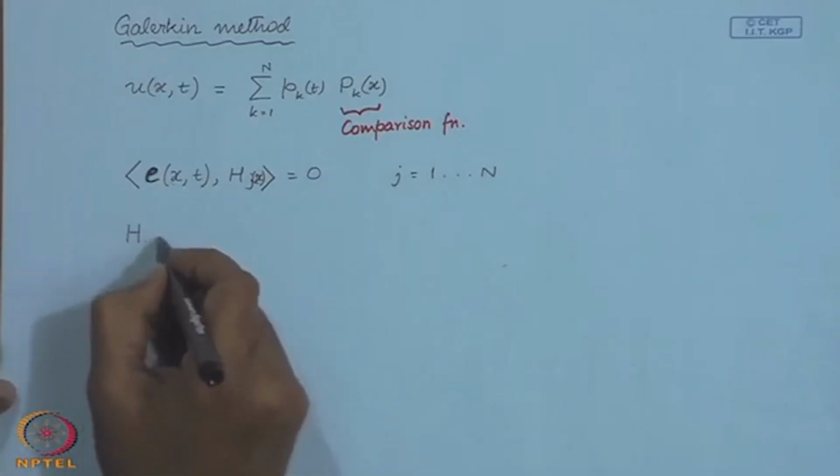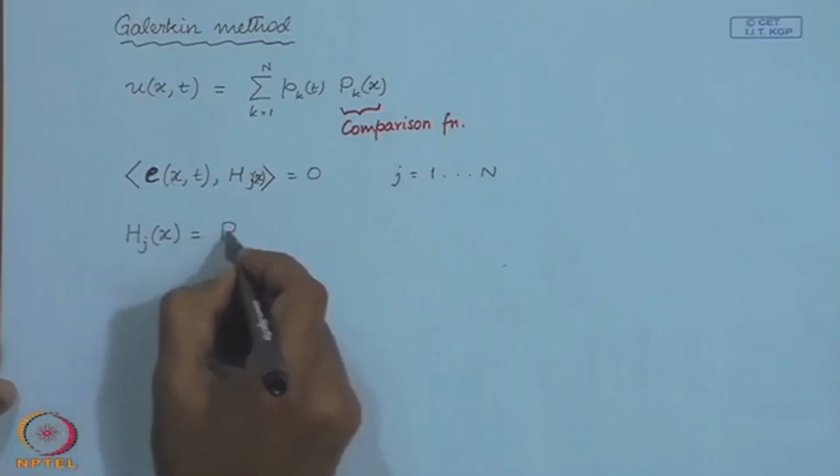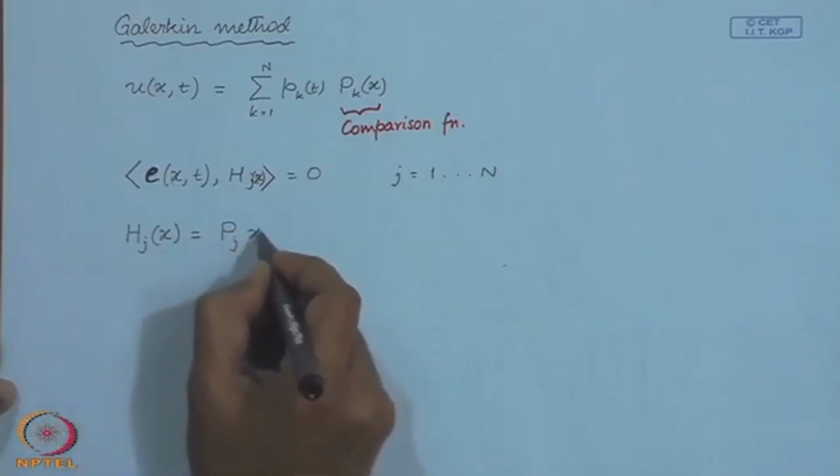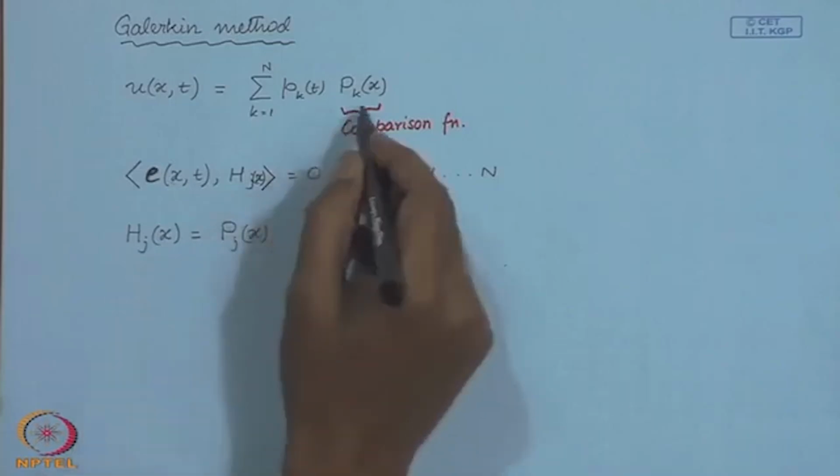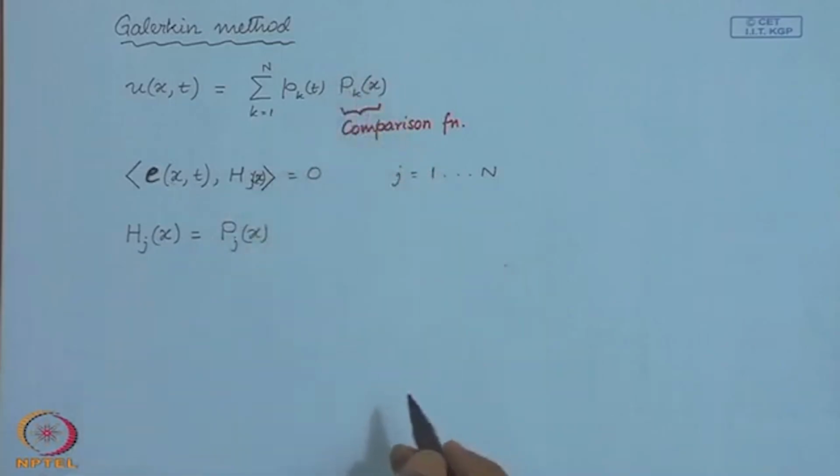Now, in the Galerkin method, we take these projection functions same as the comparison functions we used for this expansion of the field variable.